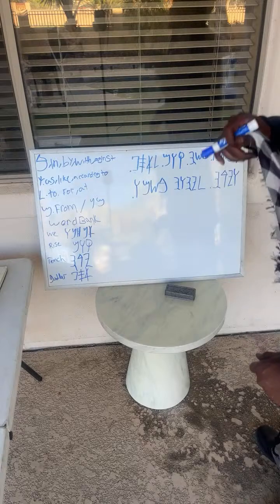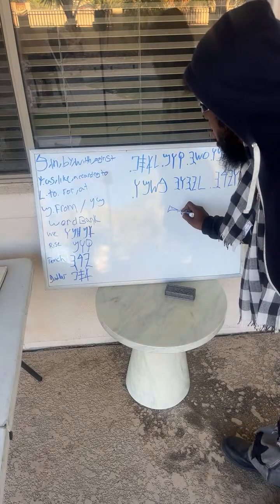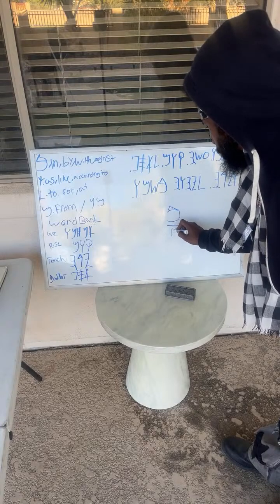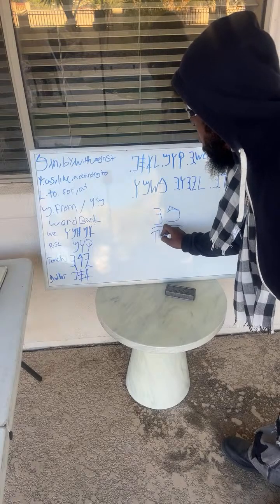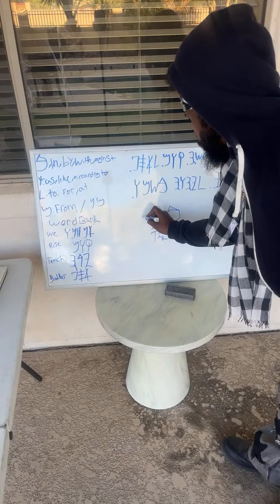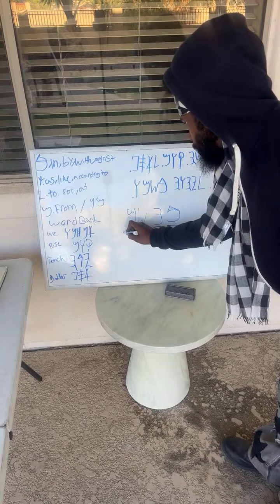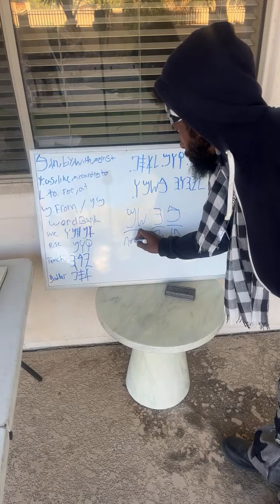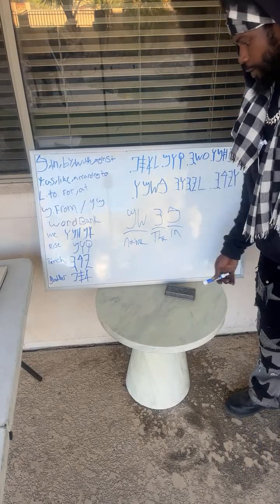So when somebody says Ba Hashem, you have Ba, which means in, you have the ha, which is the, and then you have Shem, which is name. In the name.